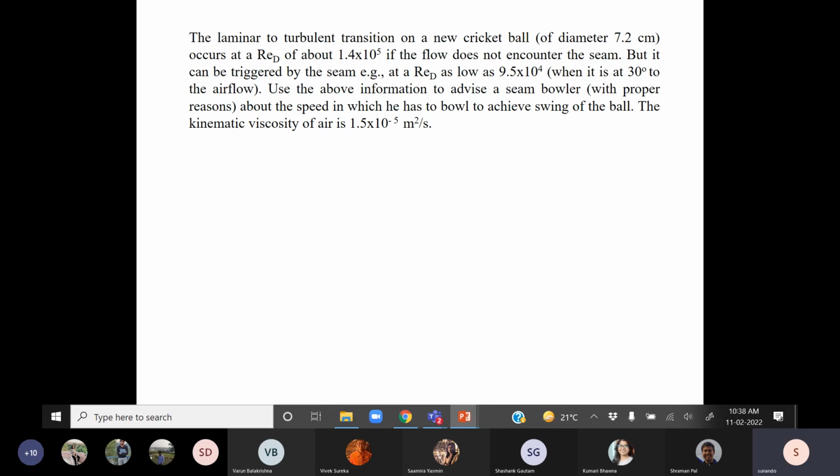If you look at the problem mechanically, there are two Reynolds numbers given and the kinematic viscosity is known. So it's easy to get there. There are two velocities. So let's say there is one velocity. It's essentially Reynolds number times nu divided by d, where d is the diameter.